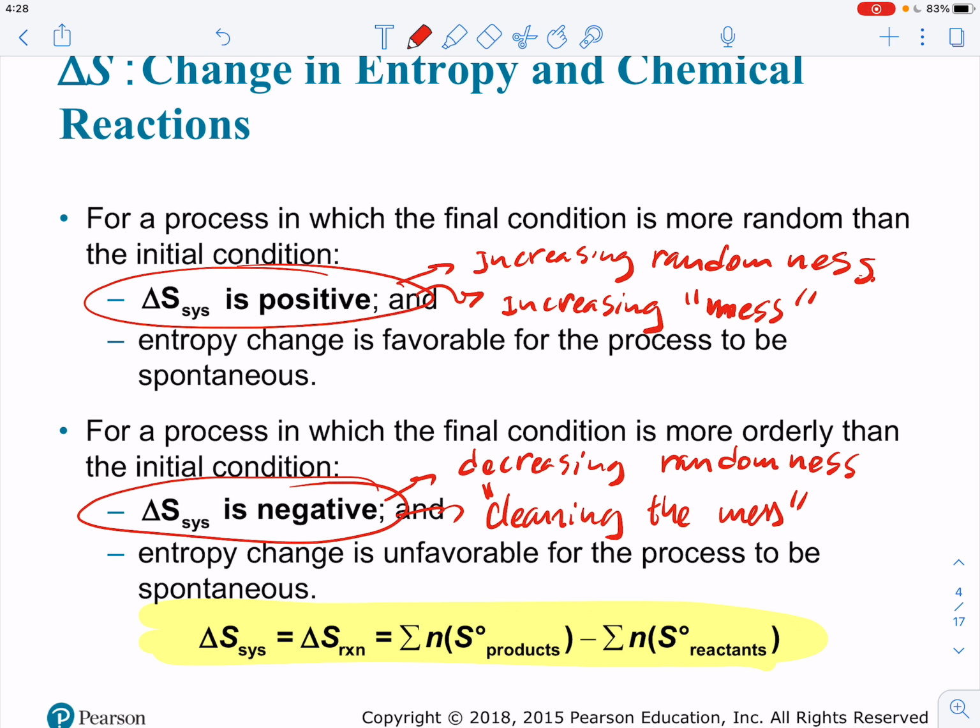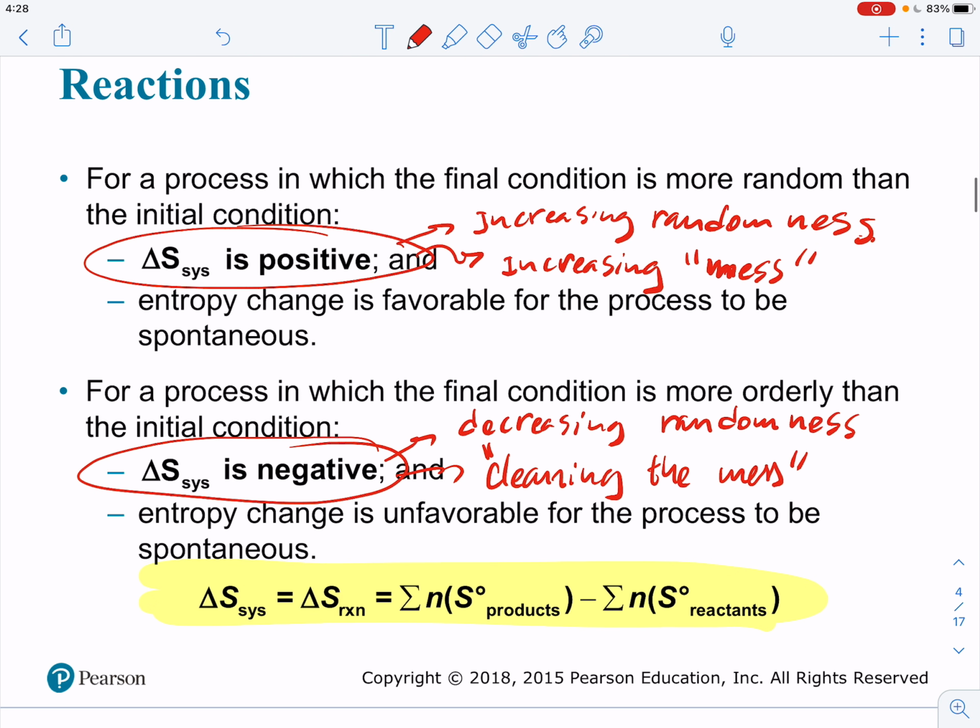The bottom line is that the shape of this equation is always products minus reactants, and you have to account for the number of moles of products and reactants, so you need to multiply by the corresponding number of moles that participate in the reaction.